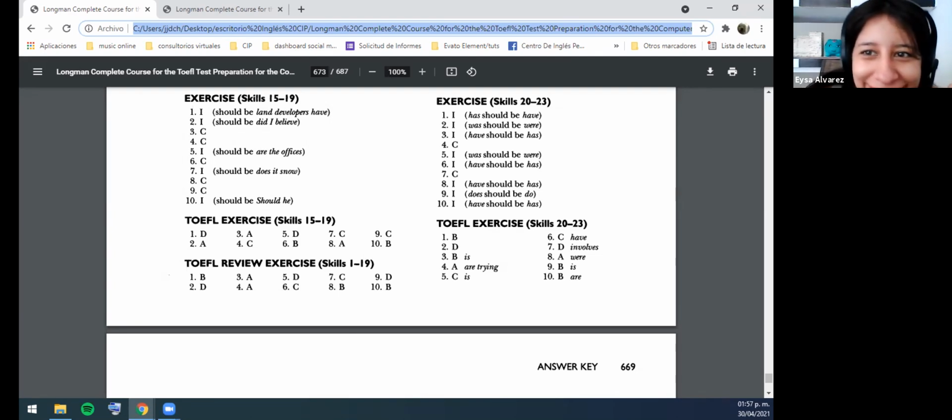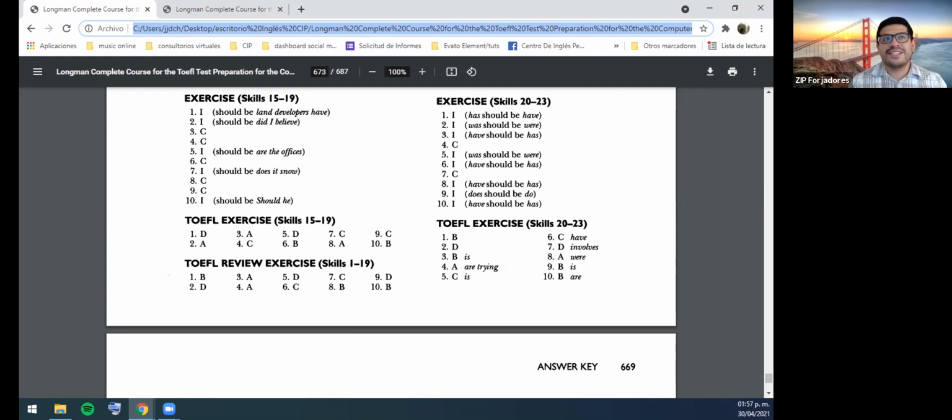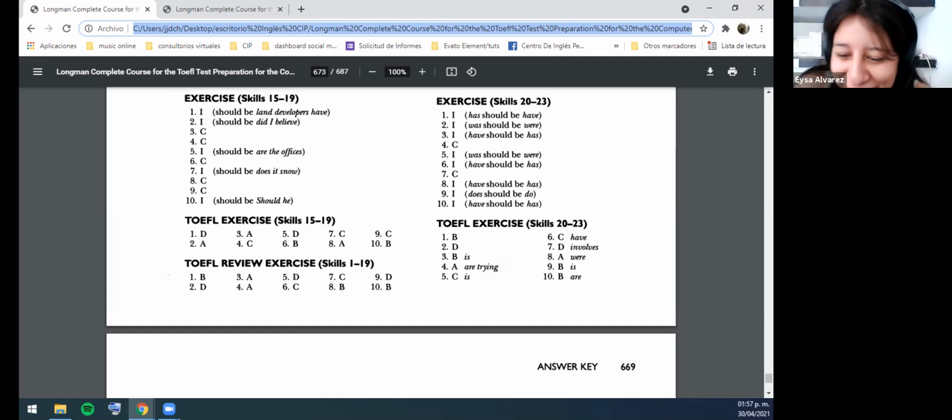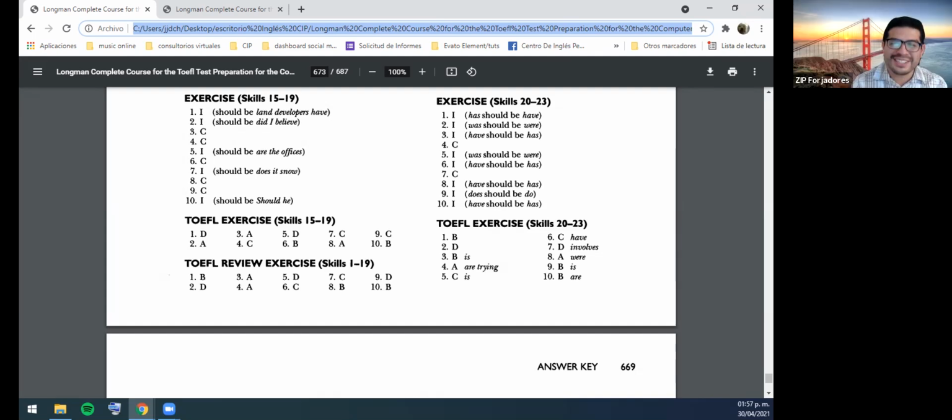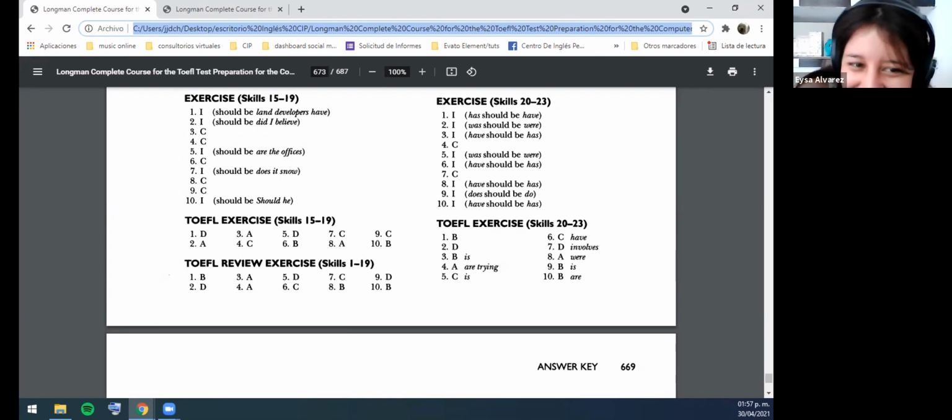Wait a second. We start with in, so maybe. The number six is letter C. Where are you seeing it? I'm on my screen. Okay, so number six is what? The number six is C.